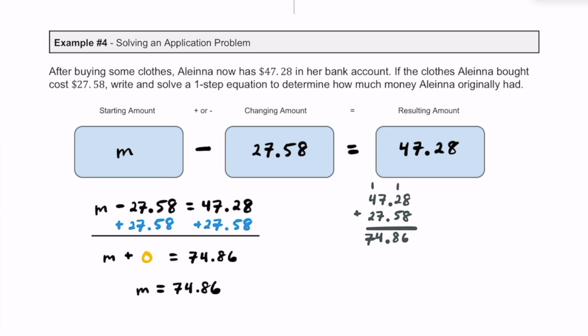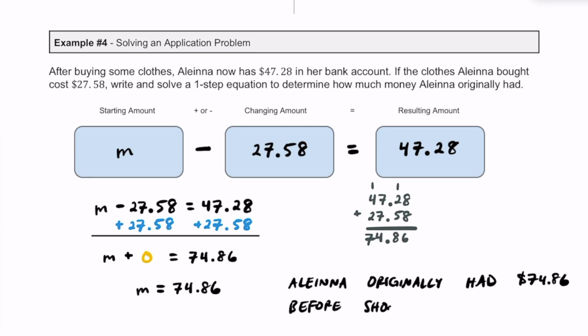And so in conclusion, we can go ahead and say that Elena originally had $74.86 before shopping. This would be a good sentence to summarize what we just figured out.